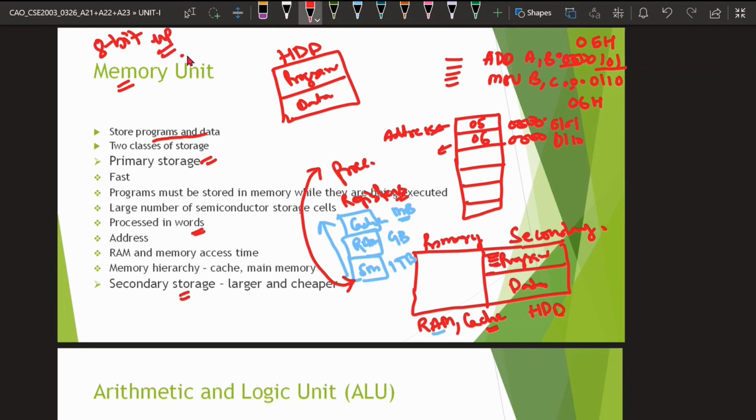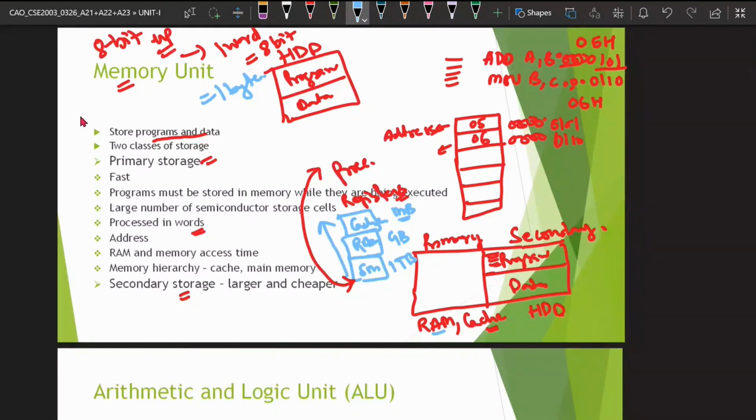That means for this processor, one word is equal to 8 bits, or one word is equal to 1 byte, because the microprocessor is able to fetch 8 bits at a time.